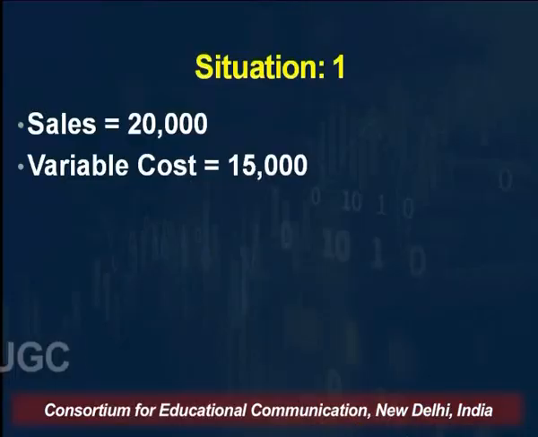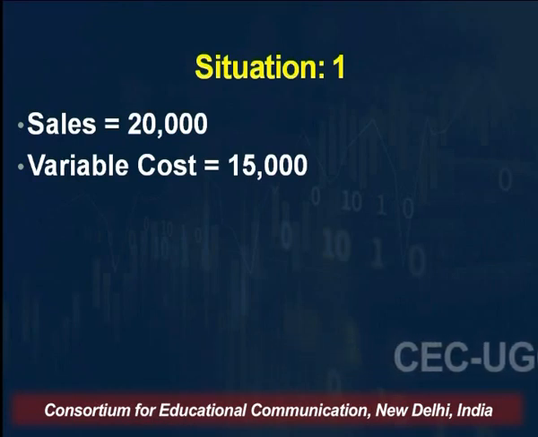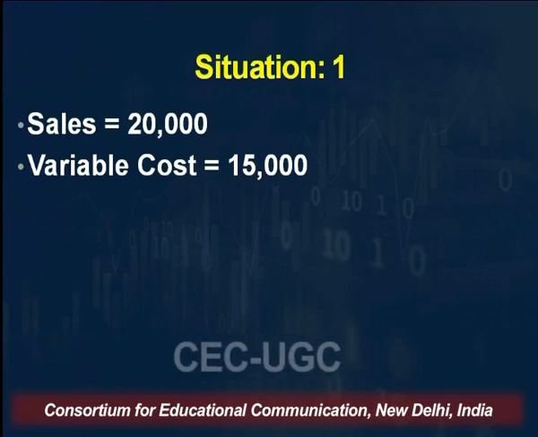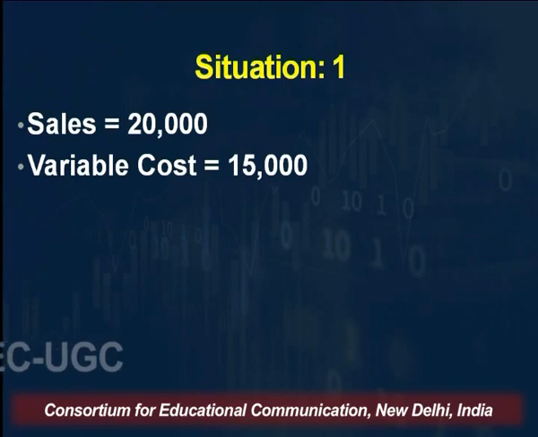So let's start with situation number one. Suppose you are provided with sales of rupees 20,000 and variable cost of 15,000, and they are asking you to calculate PV ratio. Quite simple to calculate. The first thing you have to do is get reminded of the formula.